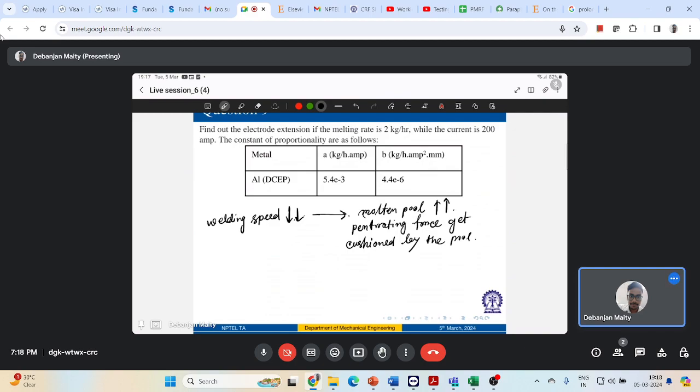So if you increase your electrode extension, I will end up with a decrease in weld bead width, and weld penetration depth will also decrease.